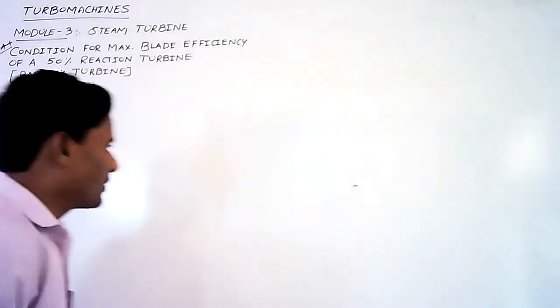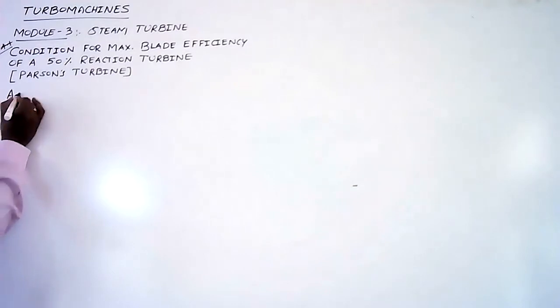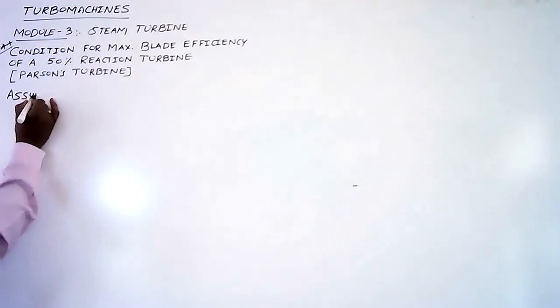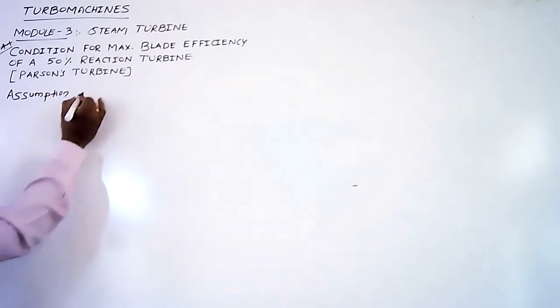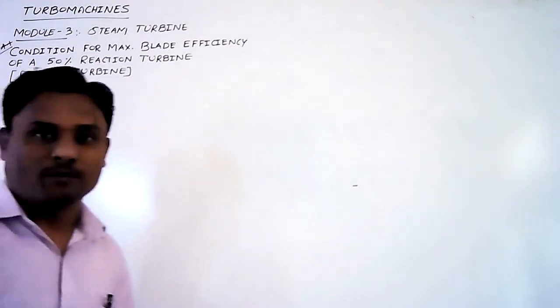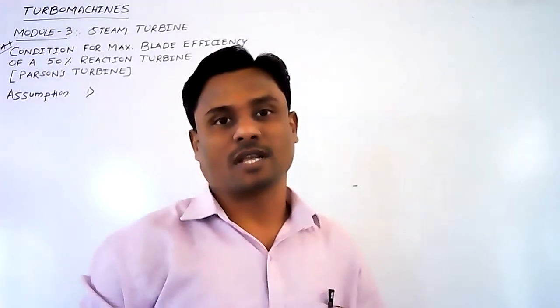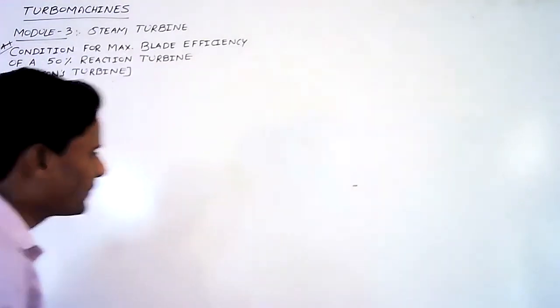The first important assumption, among the main assumptions involved in the analysis of a 50% reaction turbine: the change in enthalpy in the moving blade is equal to the change in enthalpy in the row of fixed blades.